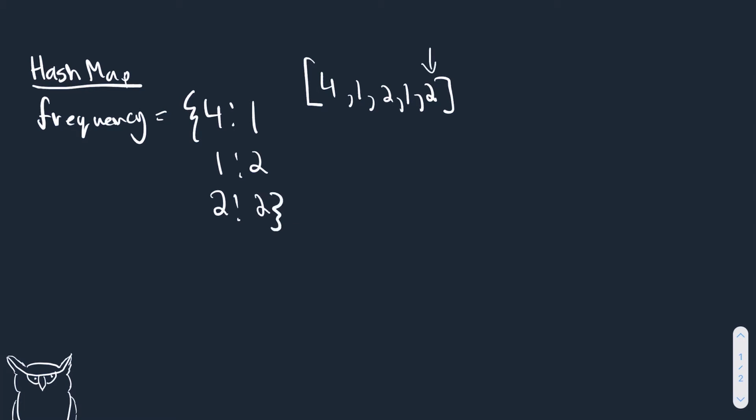Okay, and after we've traversed the array, we know that we're done adding to the hash map. Then at this point, all we have to do is iterate through each of the elements, looking for the one with frequency 1 and returning the associated key. So that's the method of using a hash map.